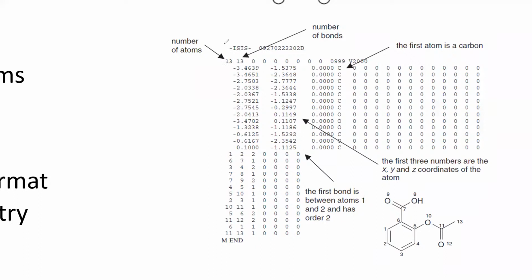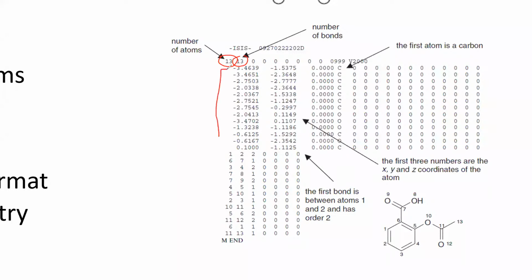The first line usually states which algorithm or which software has generated this file. The next line is a simple identification line which shows the total number of atoms and the total number of bonds in this molecule.